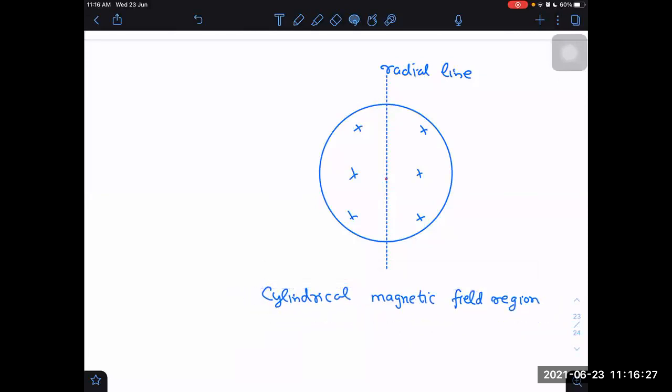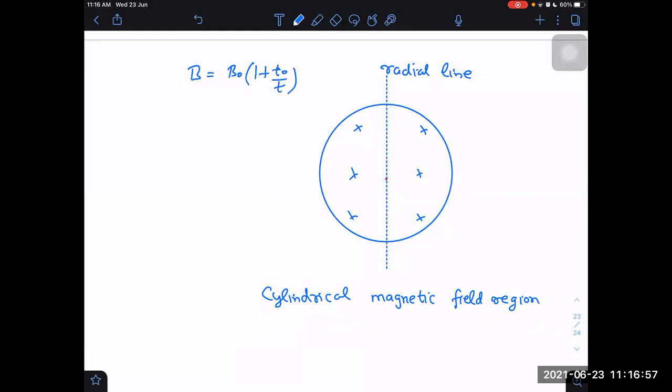In this region, magnetic field is into the plane. And if B is changing with time, like yesterday I took kt, this time I want to take a different function. Maybe it is becoming B naught times (1 plus T naught divided by T).